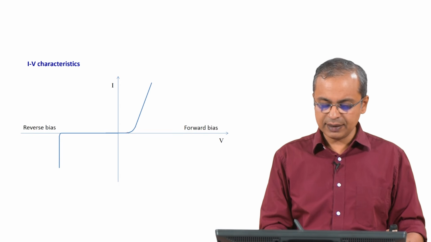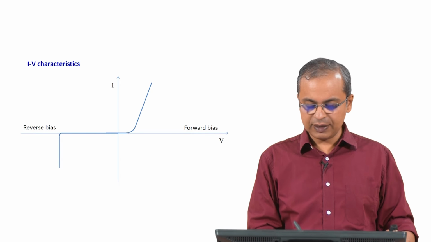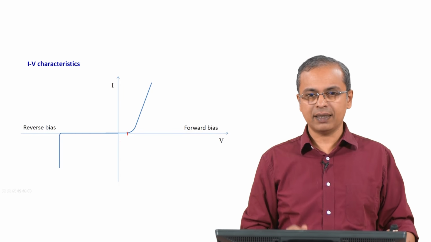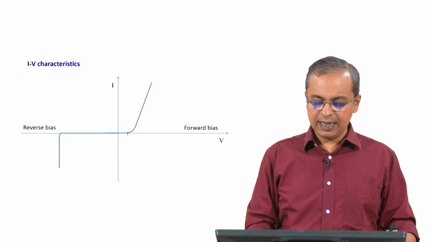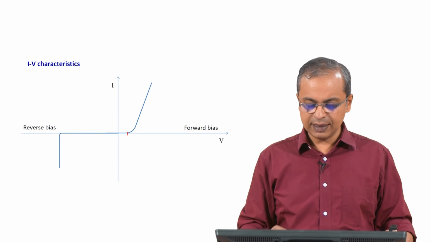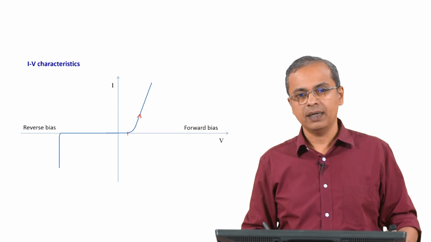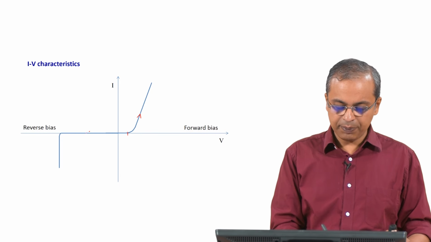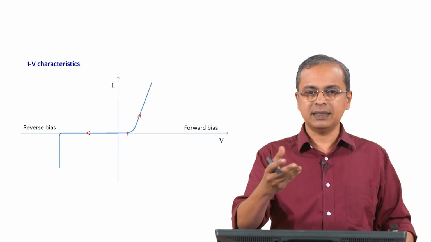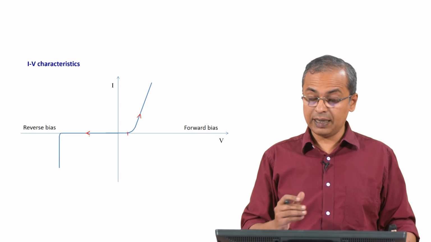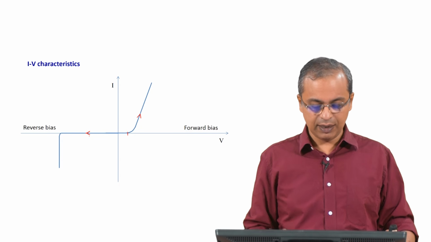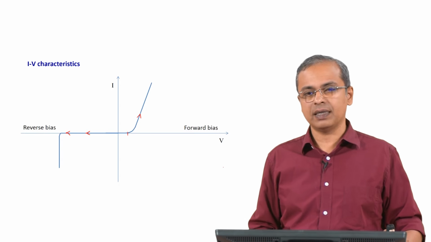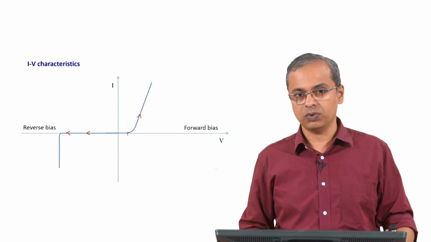When we go in forward bias, with a small increase in potential, we quickly counteract that built-in potential that is there due to the presence of that space charge region, and then you start having a steady increase in current with increase in voltage. In the reverse bias, as you keep increasing the voltage, the sample keeps on resisting it, it also increases its resistance to the voltage that you are applying, so it does not really allow much current through the sample.